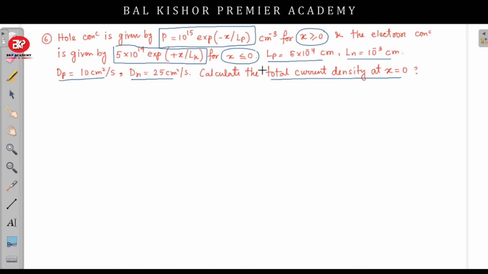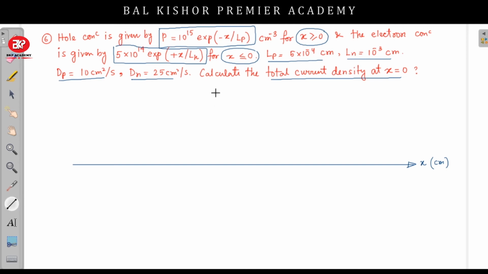So what do we mean by the total current density? First let us draw a diagram. Suppose this is the x-axis, and x is given in centimeter. I will draw this according to the question.